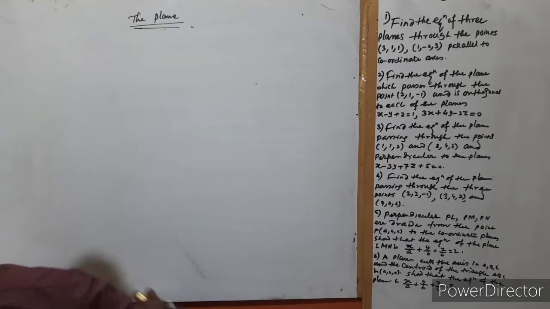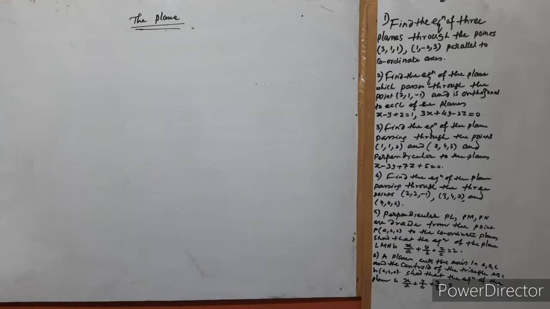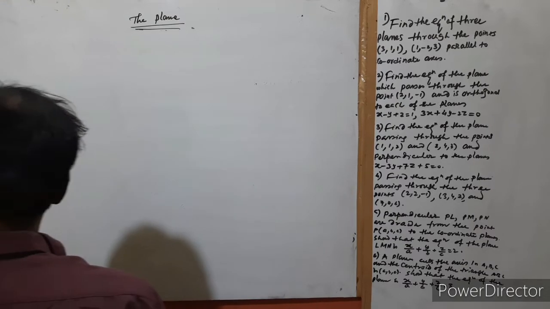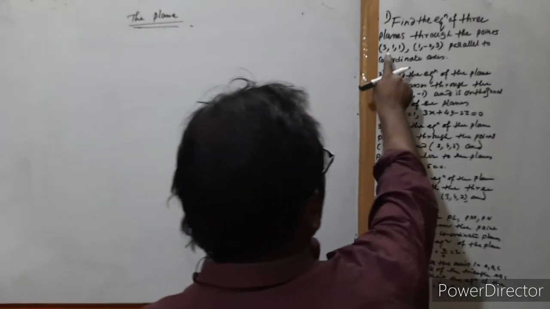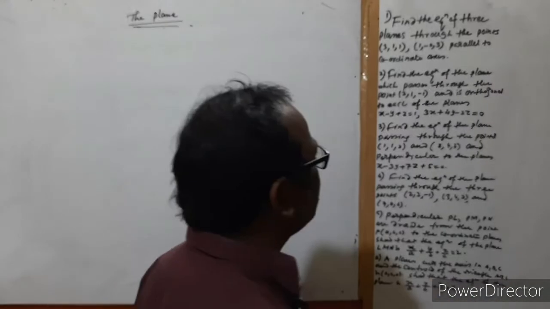Now the first problem: find the equation of the plane passing through the 2 points 3, 1, 1 and 1, minus 2, 3, and parallel to the coordinate axis.